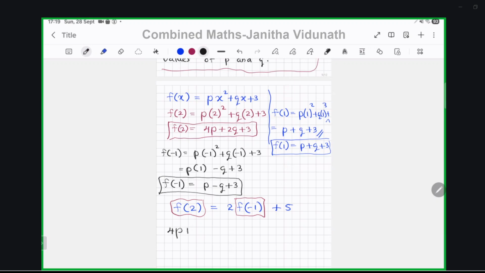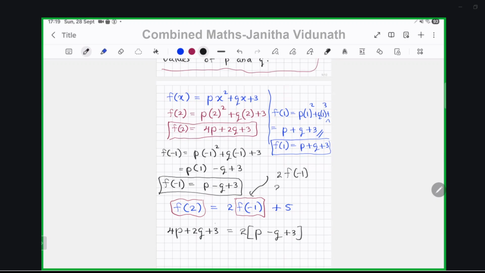4p + 2q + 3. This is the value of f(2). It is equal to 2 times the value of f(-1). f(-1) is p - q + 3.